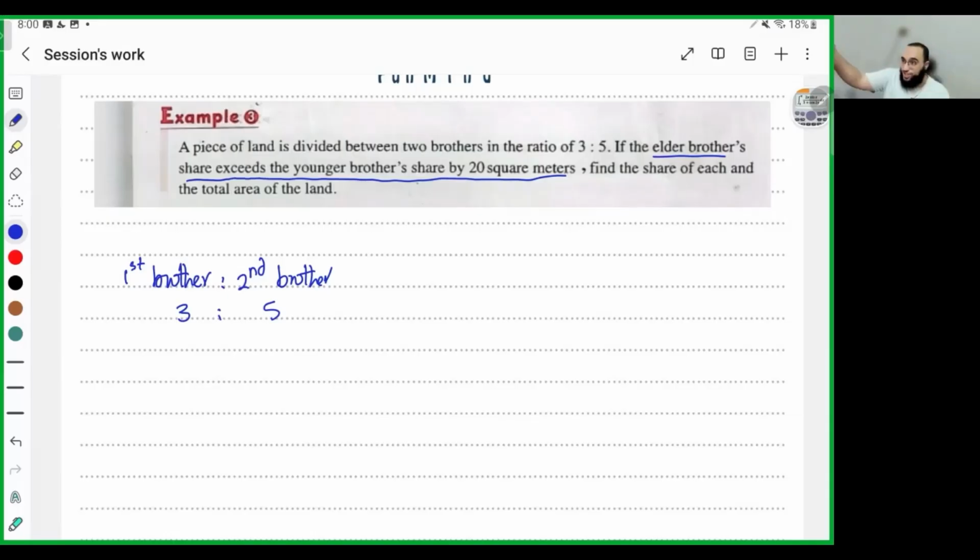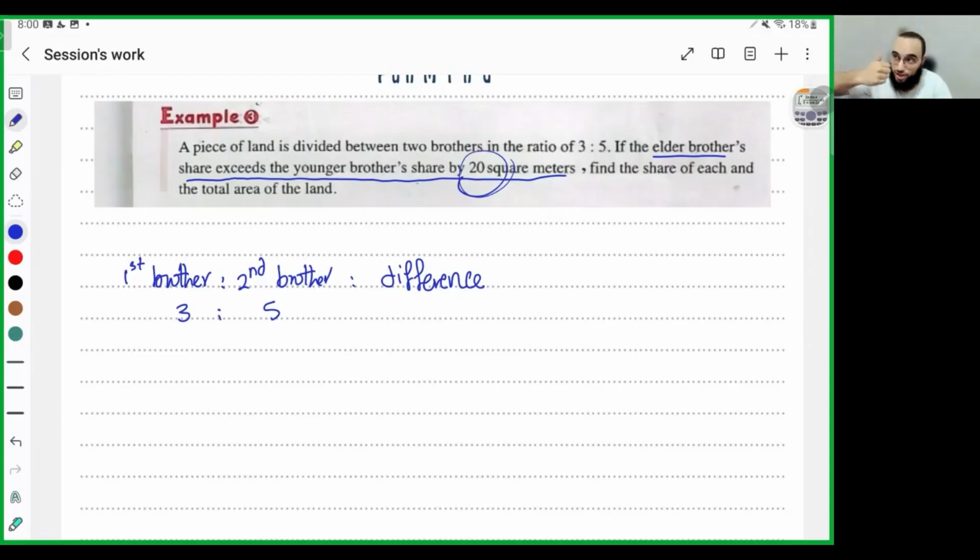So the next section that I have to write is not the sum section. It's a different section. Why is it a different section? Because the number that we have, which is the 20 square meters, is the difference between the share of the first brother and the second brother.